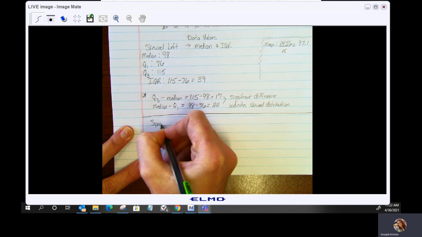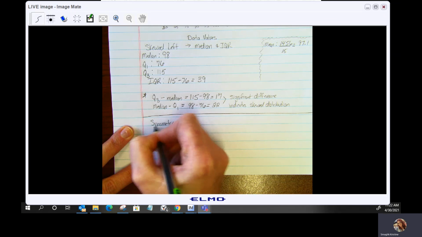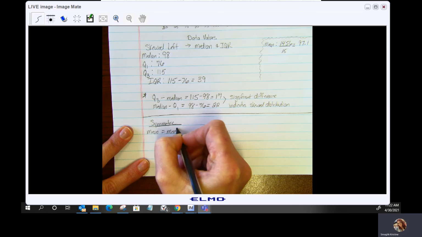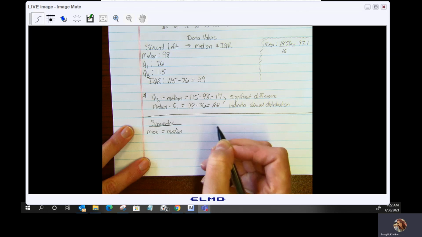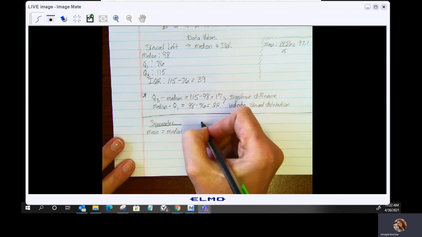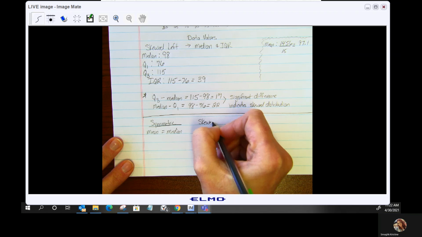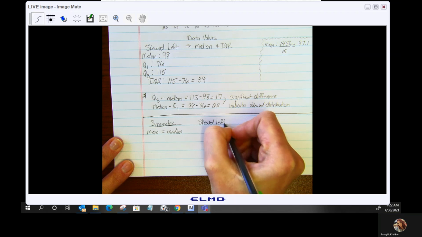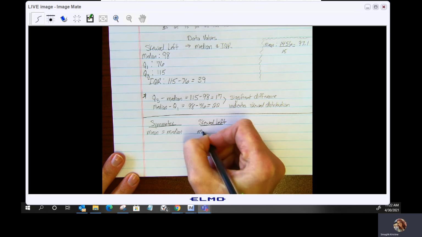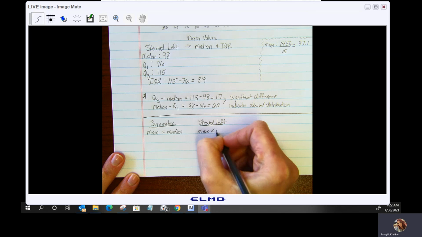For a symmetric distribution, your mean is going to equal the median, or at least be really, really close to it, maybe like a tenth, maybe 2/10, but very, very close. If we are skewed left, your mean is going to be less than your median.